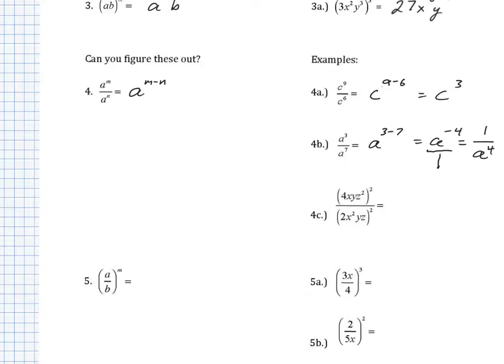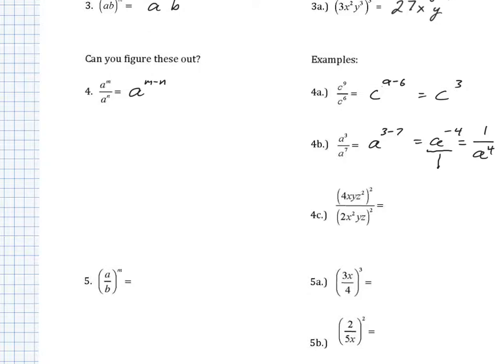So if I invert A to the negative 4 over 1, I get 1 over A to the 4th. So the negative sign means invert, flip it from one side to the other to make it positive. I know that sounds simple, but in a moment it's going to be complicated. Make sure that makes sense. Let's keep doing the rest.